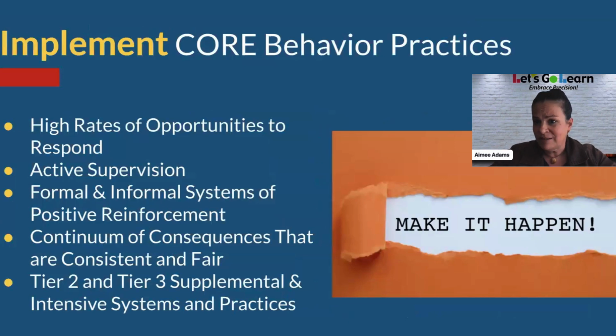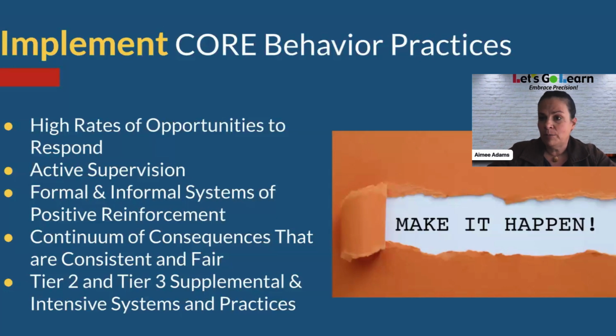So I should be seeing and hearing high rates of opportunities for our students to respond. I should see active supervision using proximity to help manage and maintain behaviors inside that classroom. I should be seeing both formal and informal systems of positive reinforcement, both that attaboy, pat on the back, good job sticker, and the tickets or tokens or whatever you're using to support a PBIS role in your schools.